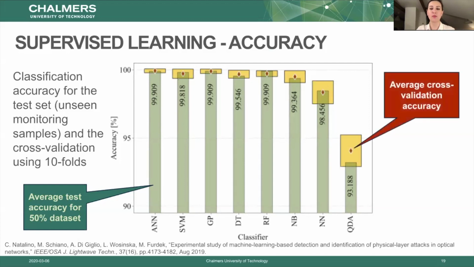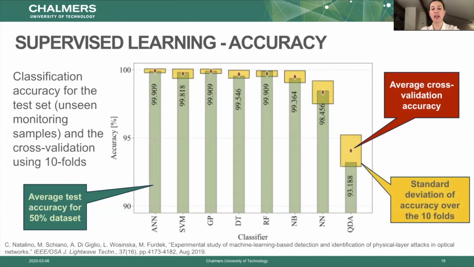The red diamonds show the average cross-validation accuracy, while the yellow blocks show the standard deviation of accuracy over the 10 folds.